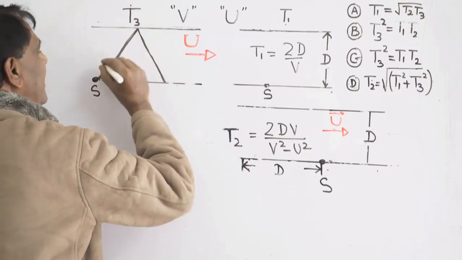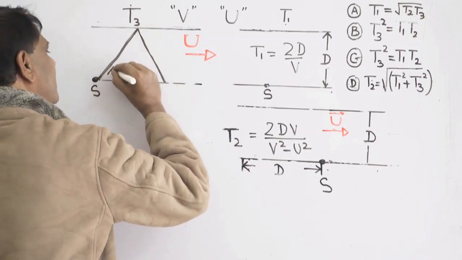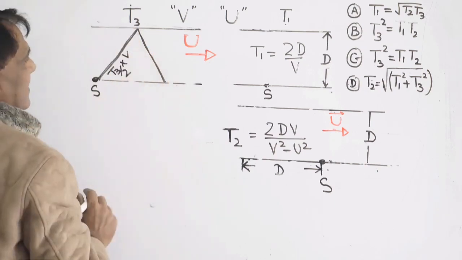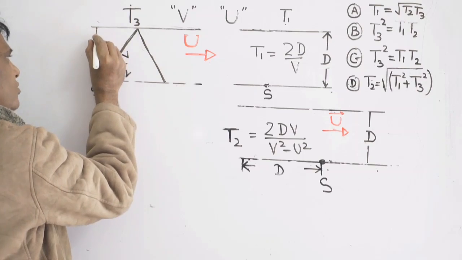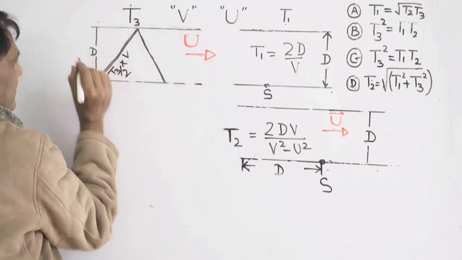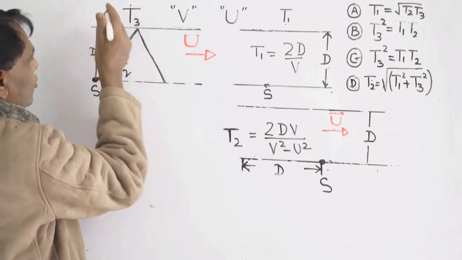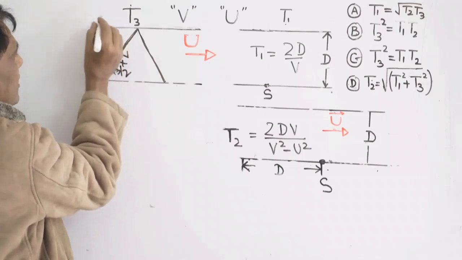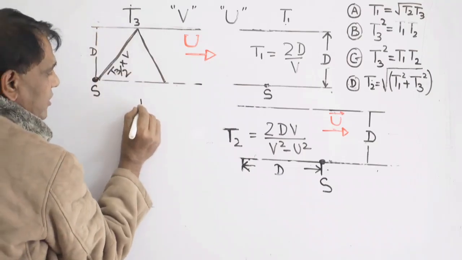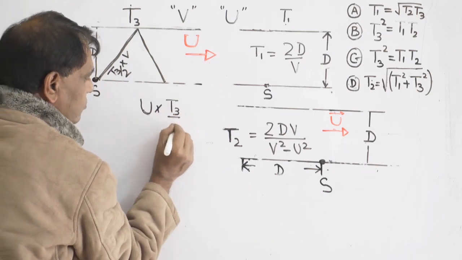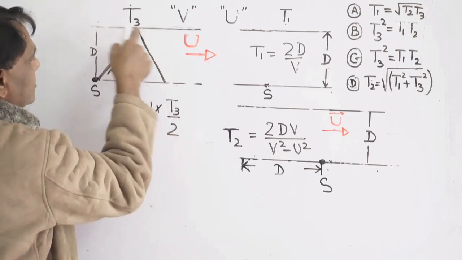Now if we multiply time T3 by 2 into velocity of man, we'll get this distance. Using the Pythagoras theorem, this D, width of the river, is capital D. So this displacement of water will be velocity of water into time taken, T3 by 2. ये मिल गया, ये distance.